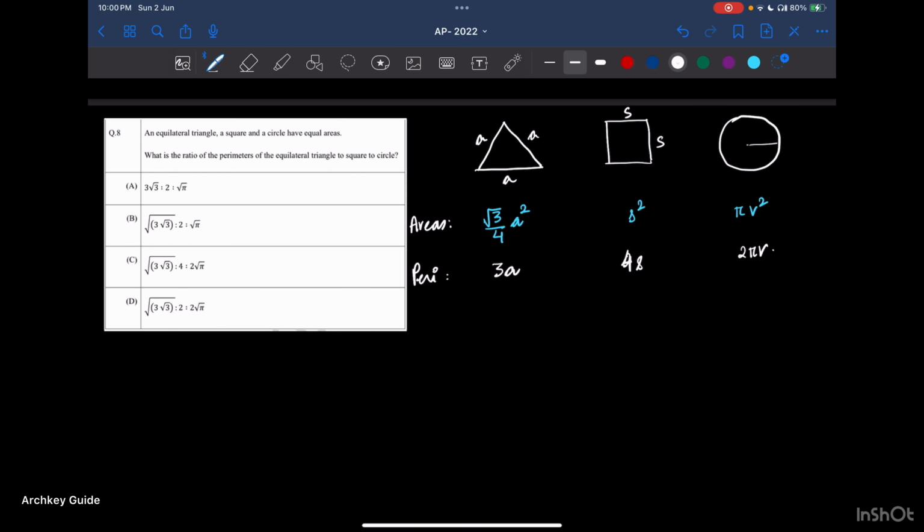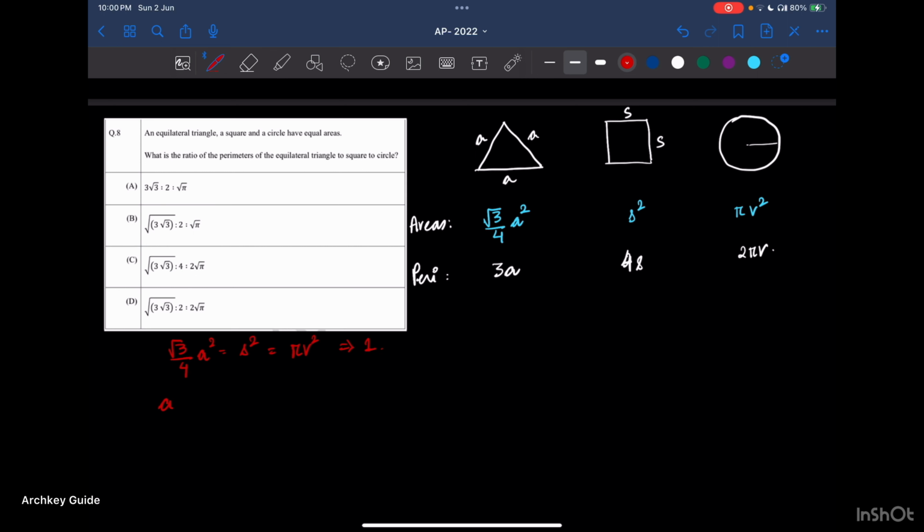Okay. So the first statements said that all the areas are same. So if I have to assume that let area be 1, okay, 1 unit square. So root 3 by 4 A square equals S square equals pi R square is 1.